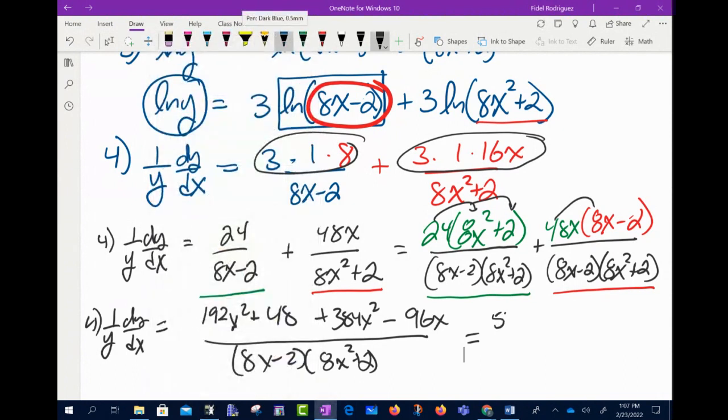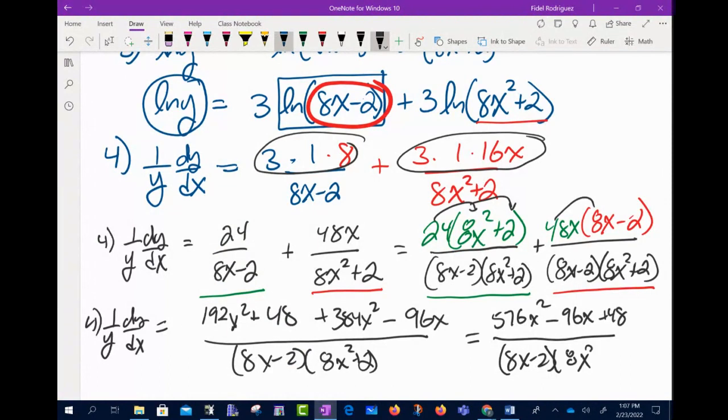So we have 576x squared minus 96x plus 48, all over 8x minus 2 and 8x squared plus 2.